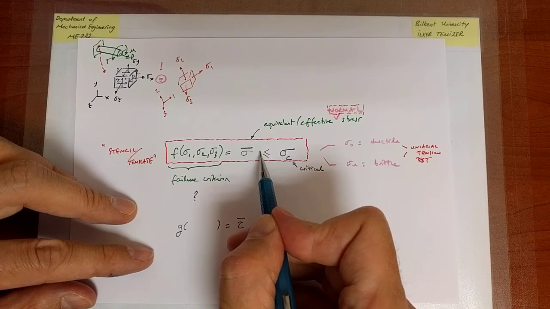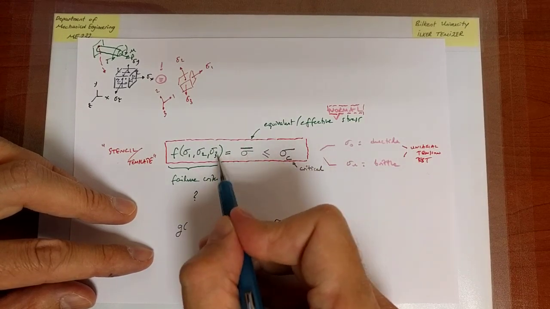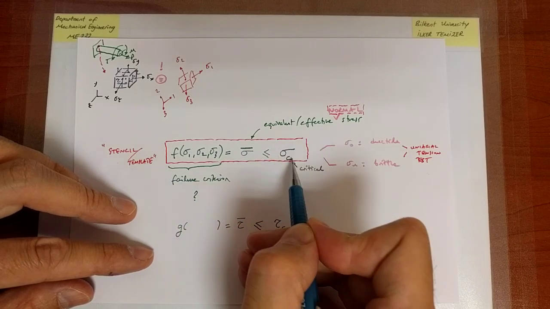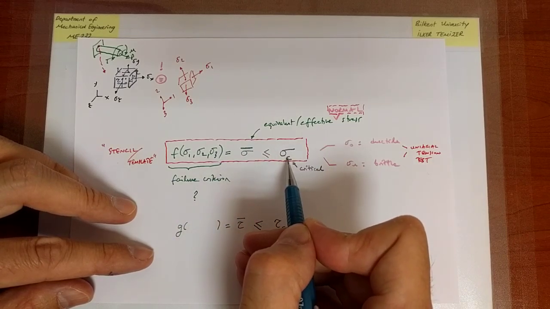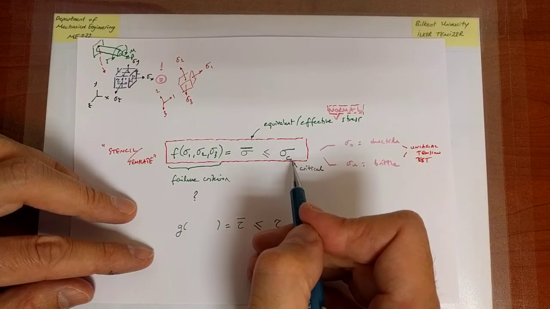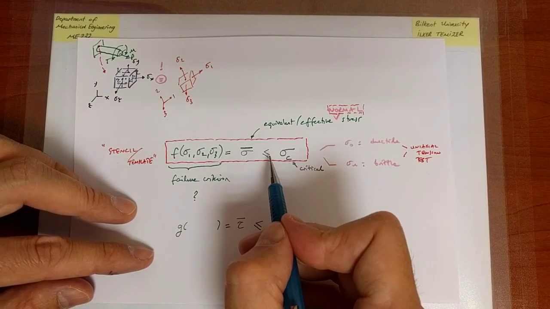Just like here, if sigma bar is less than sigma c, we're safe. If it is equal, we are on the limit of the elastic zone, so we're about to fail, assuming the safety factor is 1. In general, there will also be a safety factor.